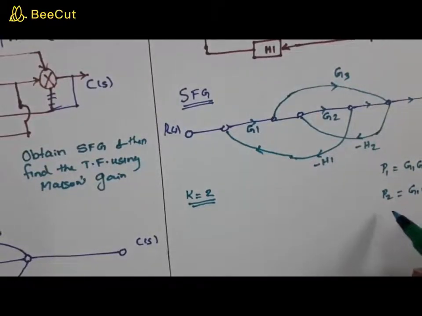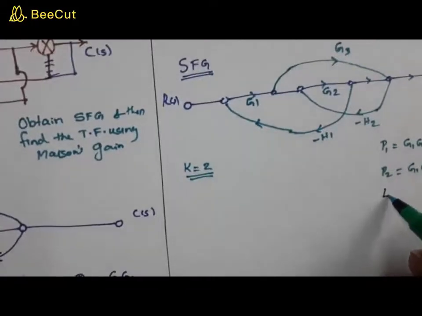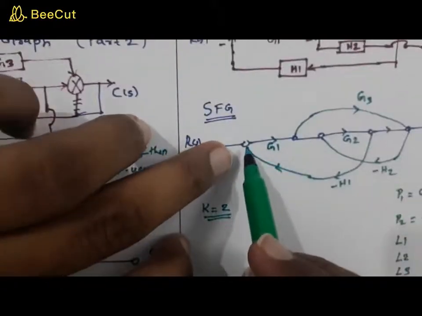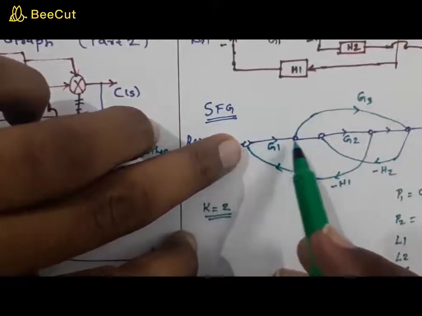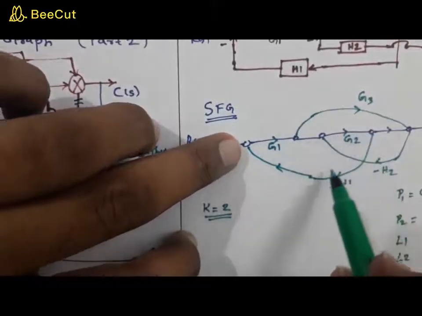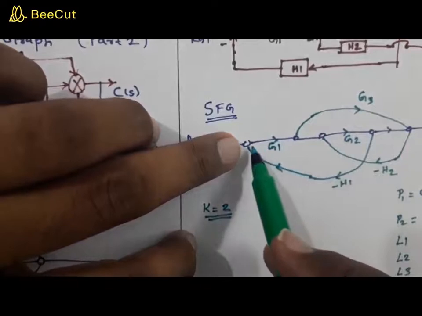That will be nice. Okay, now what are the loops? Let us see how many loops are there. My intuition is that this has 3 loops. Let us see what those loops are. Let's start from here. Say a signal is passed, and this is a way by which a signal can come to this point, right?